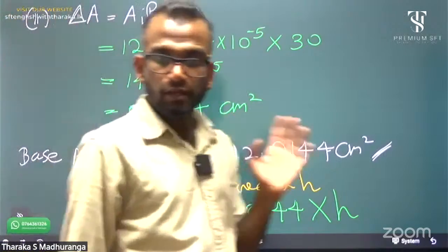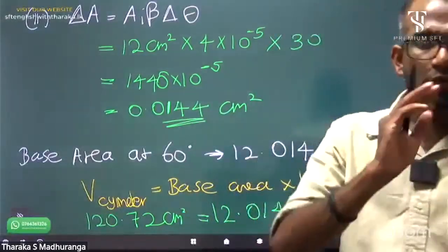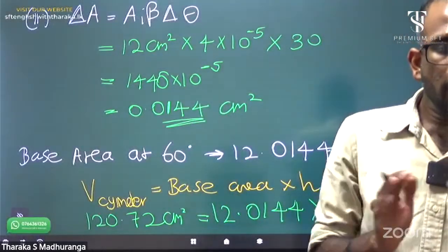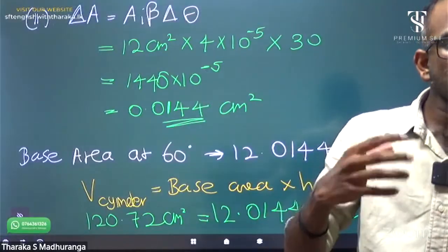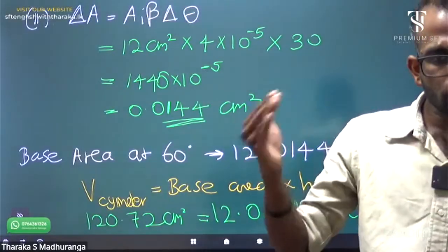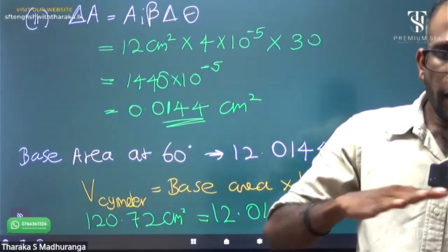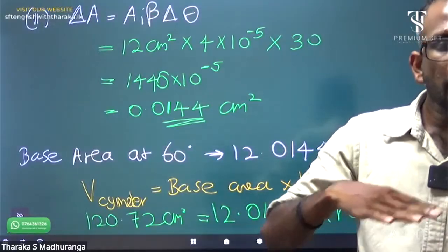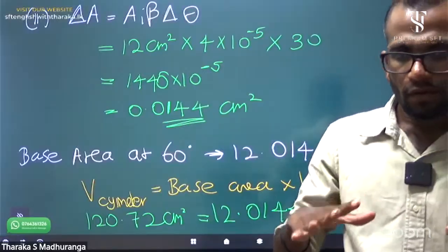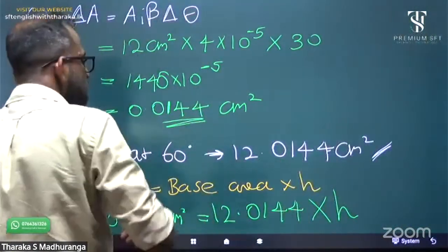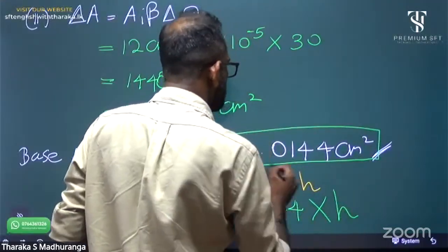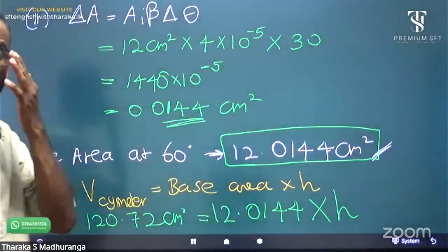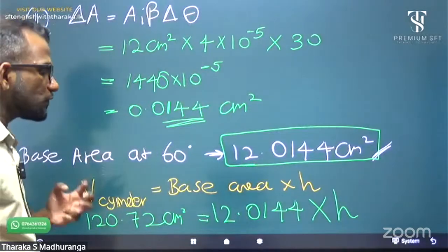Okay, I will explain the order if you want. First, I got the area expansion of the base due to temperature difference 30 Celsius to 60 Celsius. At 60 Celsius, the area of base was 12.0144.